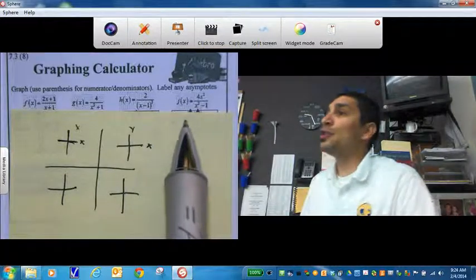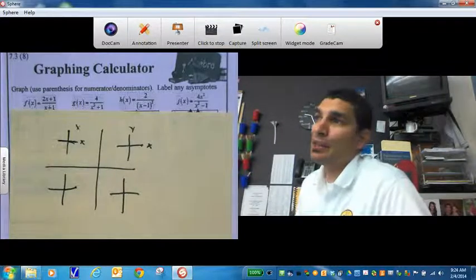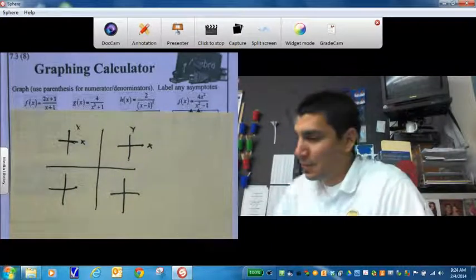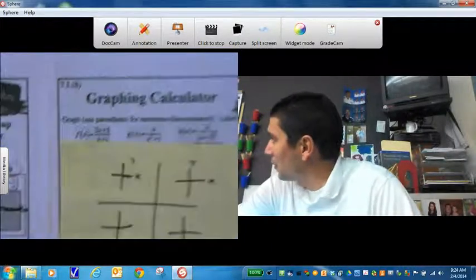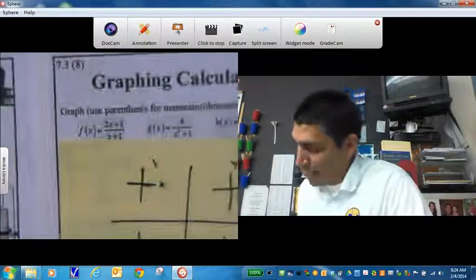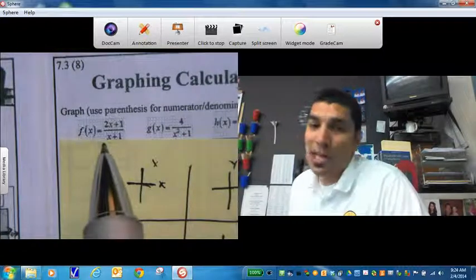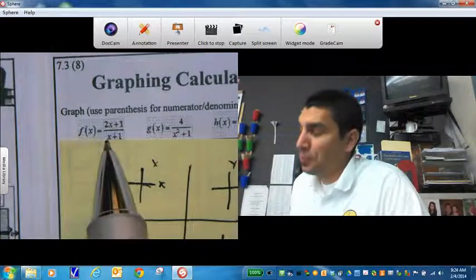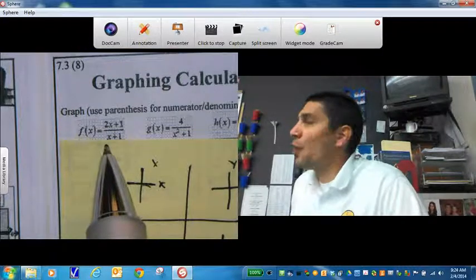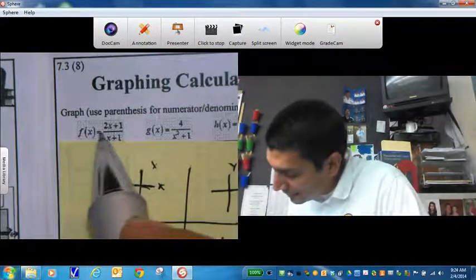Now, when you do this, I want you to practice plugging this into your graphing calculators. Let me zoom in here on these two questions so you can see which equations you're going to have to graph. For f of x, I want you to graph 2x plus 1 divided by x plus 1. Remember what this line means.